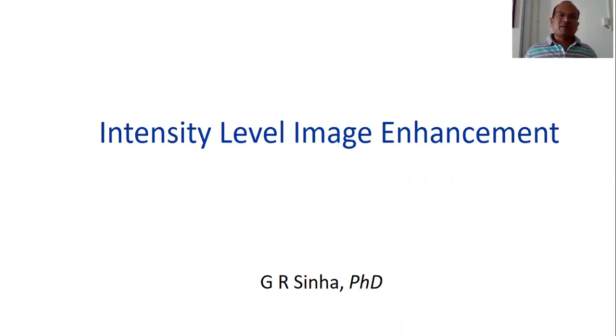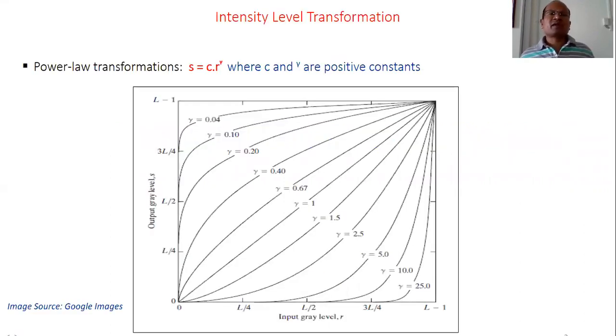So direct manipulation of pixel values is intensity level image enhancement, that is, spatial domain image enhancement. For intensity level transformation, as we discussed in the previous lecture, there may be a power law, there may be a log, and there may be a linear relationship also.